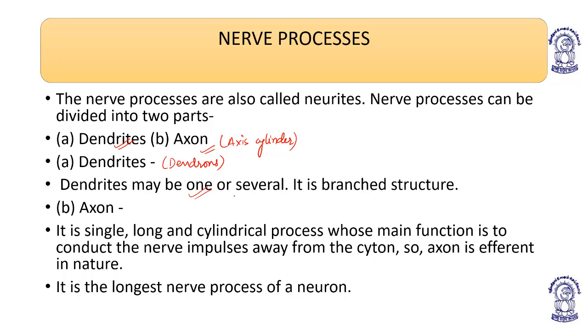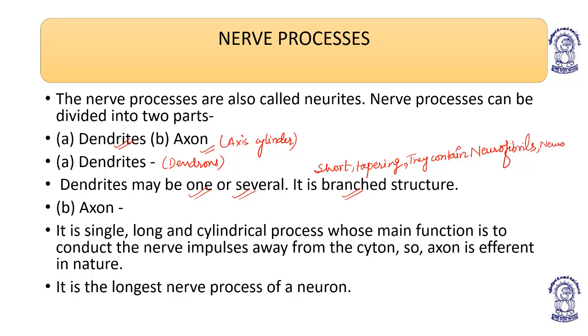Dendrites may be one or several. They are branched. Dendrites are short, tapering, branched processes. The dendrites contain neurofibrils, which help in the conduction.